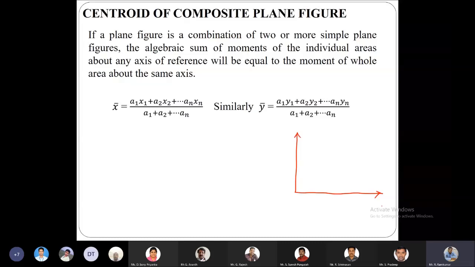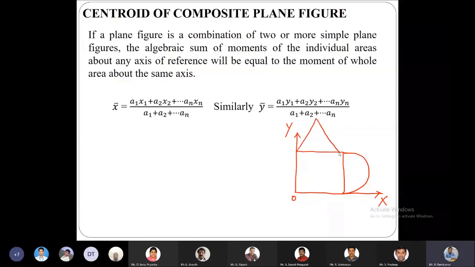Here we have the OX axis, OY axis. We are having a rectangle, a semicircle, and then a triangle. So this is a case where we are having a combination of various shapes.